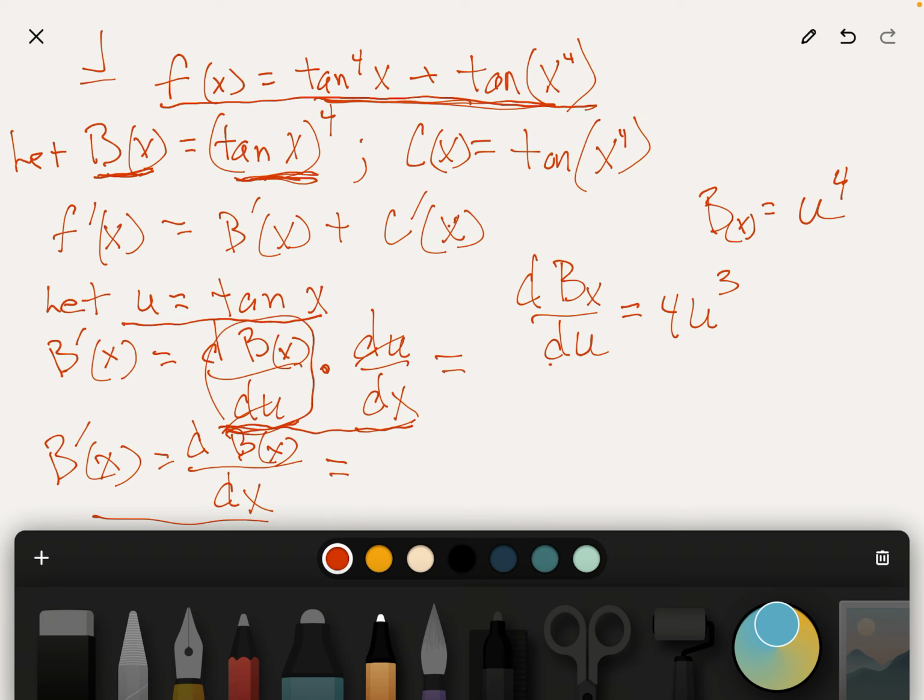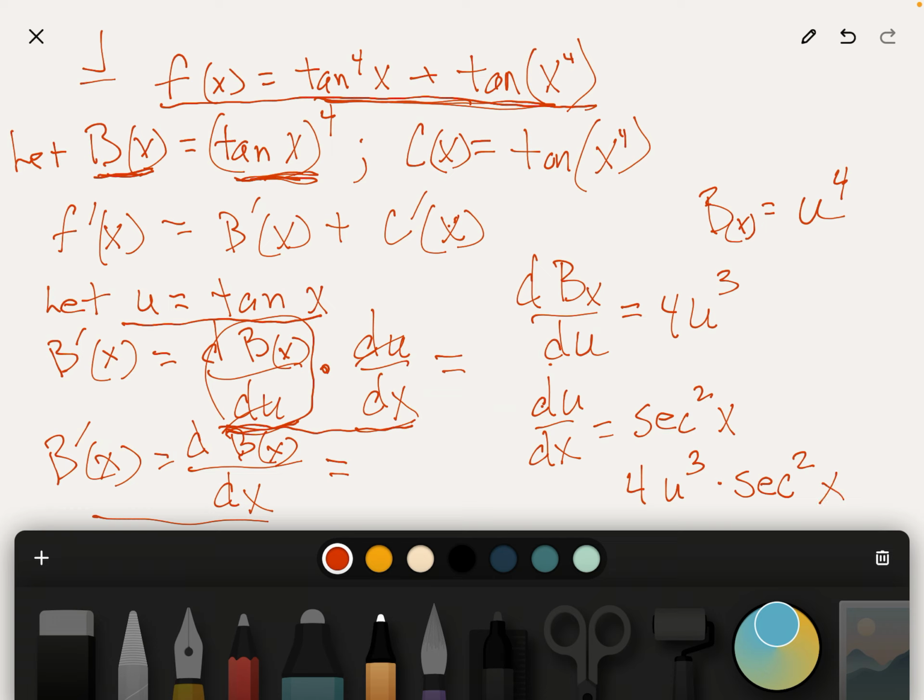And what's du over dx? That is the derivative of tangent of x, which is, as it happens, secant squared of x. So now, just like we said, you multiply those two terms together, so it's 4u cubed times secant squared x.